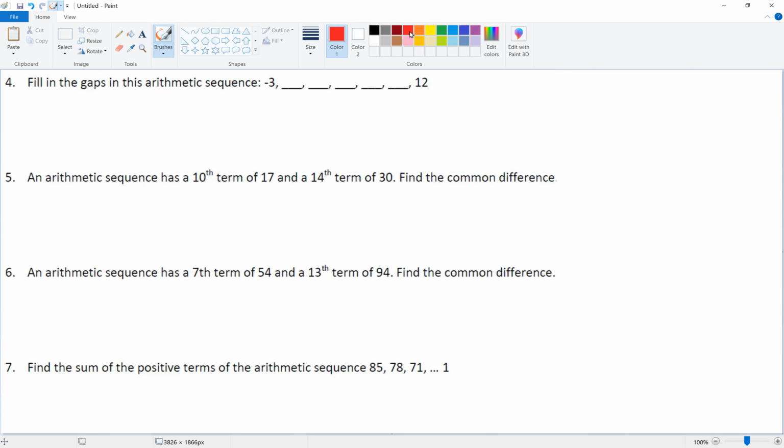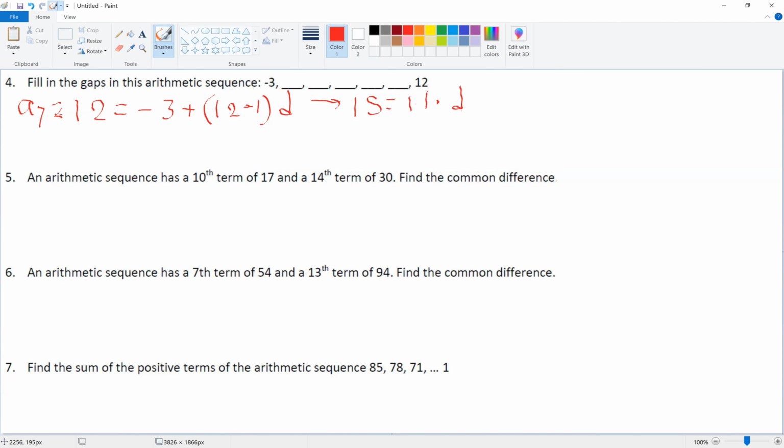Let's use the formula. How many terms are there? 7. So that means a7, which is 12, should be equal to -3 plus 7 minus 1 times d, correct? Yeah. Move the 3, which is 15, equal to 6 times d, correct?